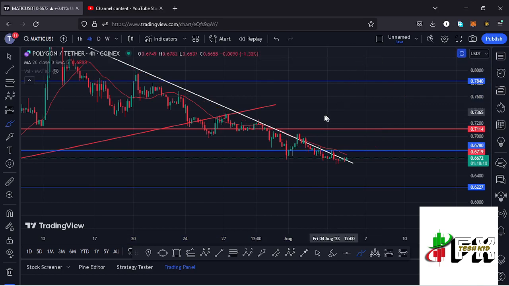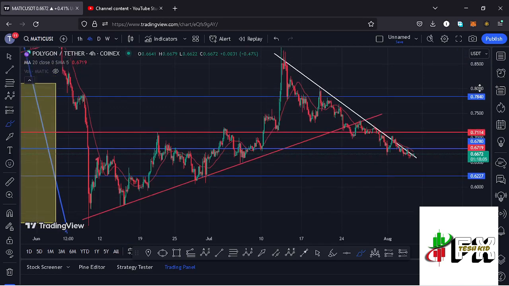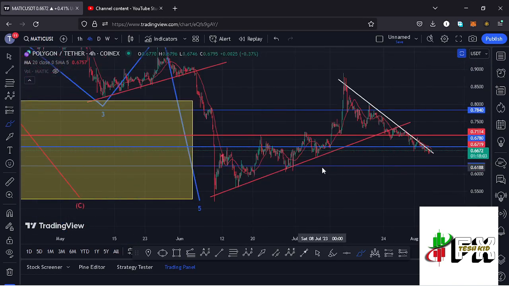We are also seeing a reaction of a very important area on the Fibonacci's, where you can see that after seeing our low on the 10th of June when we had this massive crash, giving us a low at around the $0.52 mark, we started gearing up in a move that gave us a high at around the $0.8906 mark.